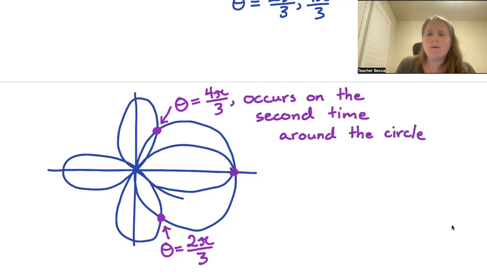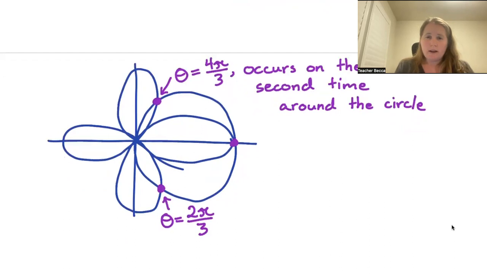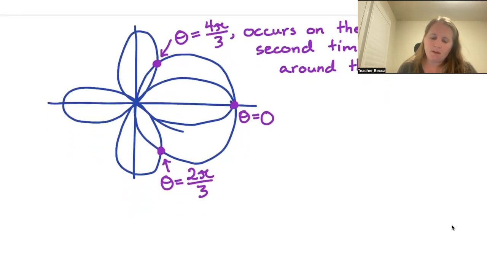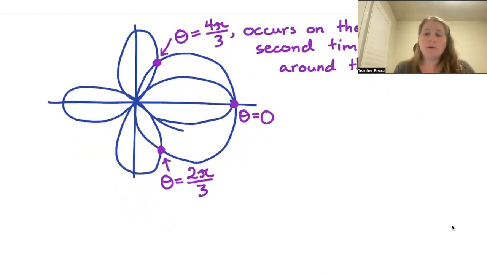We have our point out at 1, 0, or traditionally at r equals 1, theta equals 0. This corresponds to theta equals 0 or 2 pi. Right. We have yet to hit the origin.